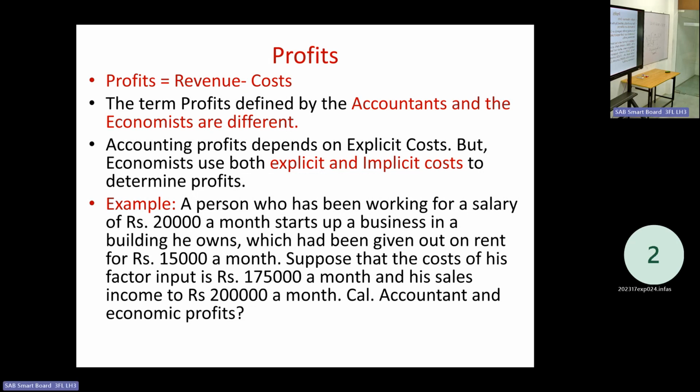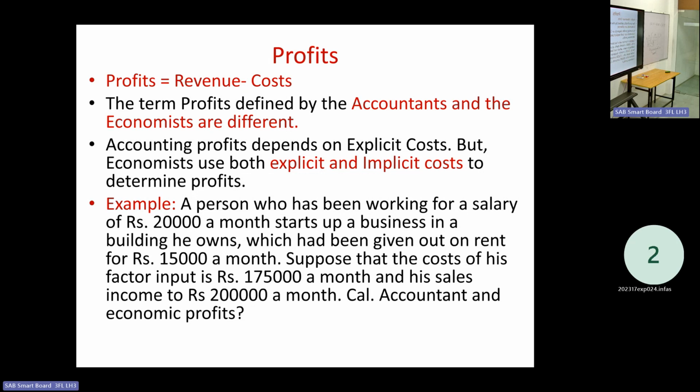Now we have given a small example here. A person who has been working for a salary of rupees 20,000 a month starts a business. If he works somewhere else, he can earn a 25,000 salary a month.